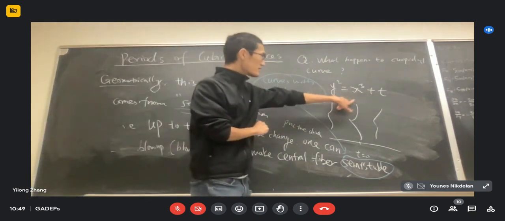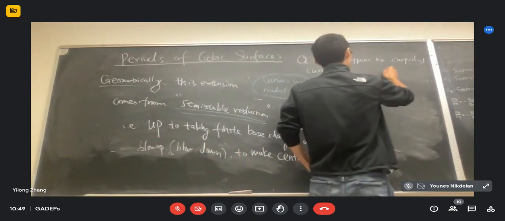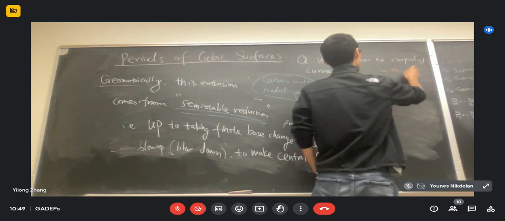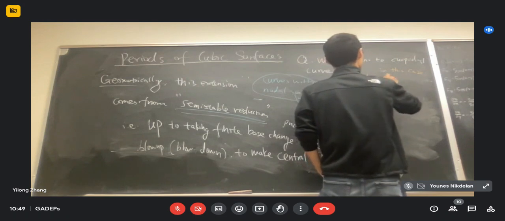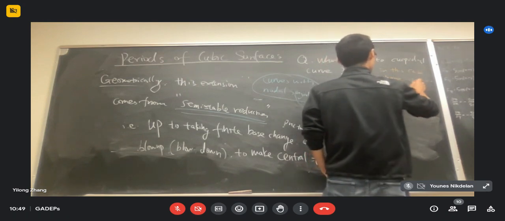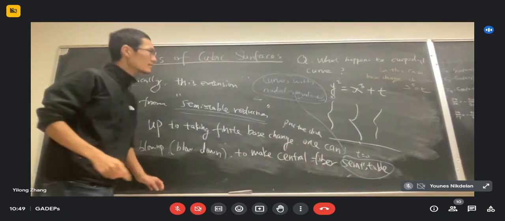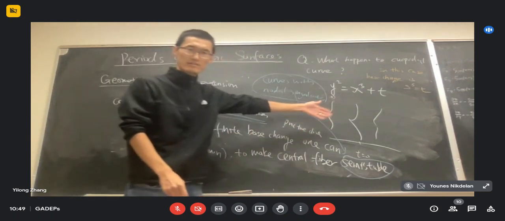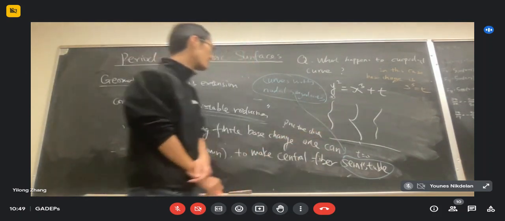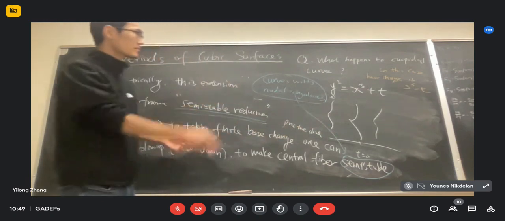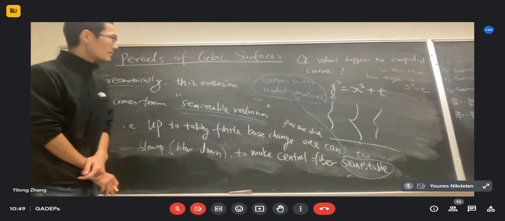In this case, it's actually a 6-to-1 cover, the base change is a 6-to-1 cover. This example I learned from Joe Harris and Ian Morrison's book on moduli of curves, and they have a nice example of how to blow up and blow down, which is quite geometric.